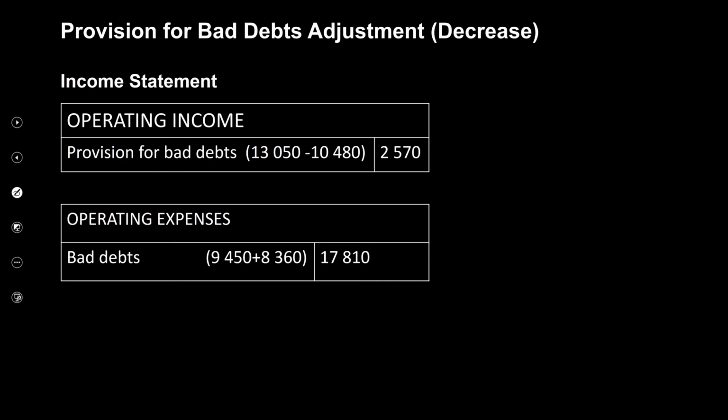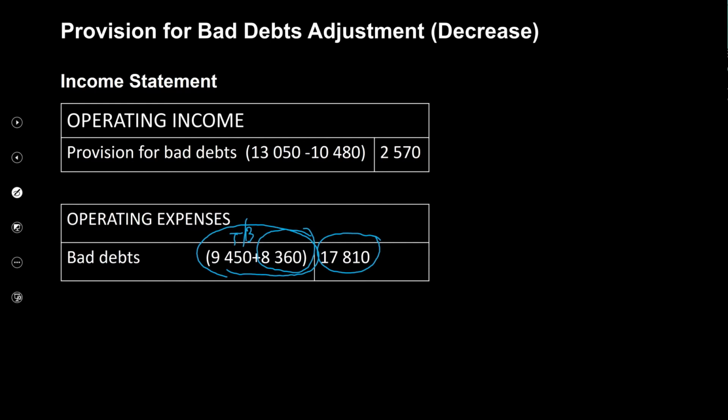Firstly, we are told that we must write off a further bad debt of 8,360. So clearly, go into your bad debts account, start off with your trial balance figure, right? Debit the bad debts with the further bad debt we are writing off to give me a total of 17,810.